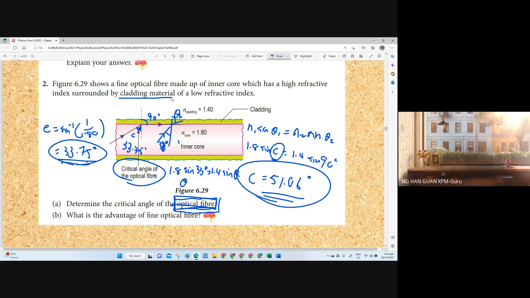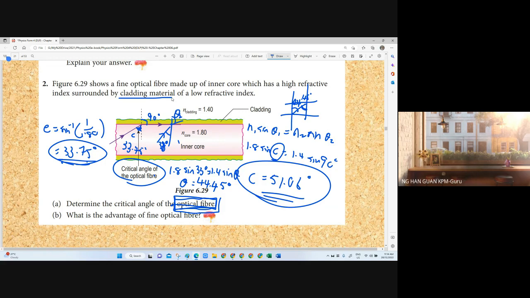Okay, so the theta will equal to, you can do the calculation also: sin 33 multiplied by 1.8, divided by 1.4, then the inverse sin of the answer, so it will be 44.45 degrees. So this theta 2 will be 44.45 degrees. So coming to the other side here, also 44.45 degrees.